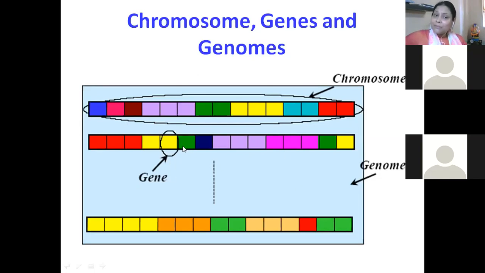If that particular attribute appears in the offspring, you can see that your offspring has a similarity for that attribute.